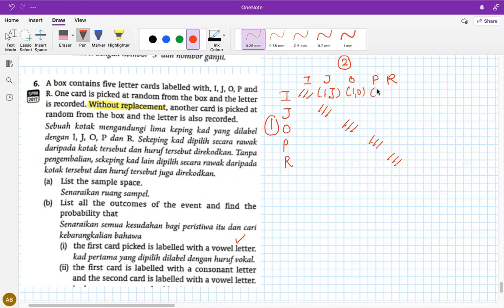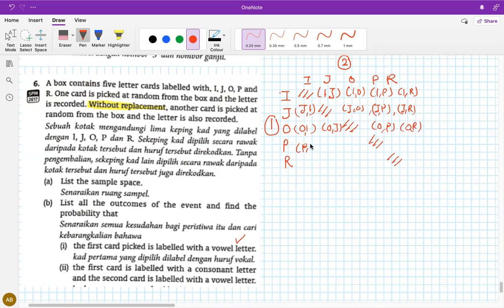IO, IP, and IR. Okay, and then here we get JI, JO, JP, and JR. Then OI, OJ, OP, OR.